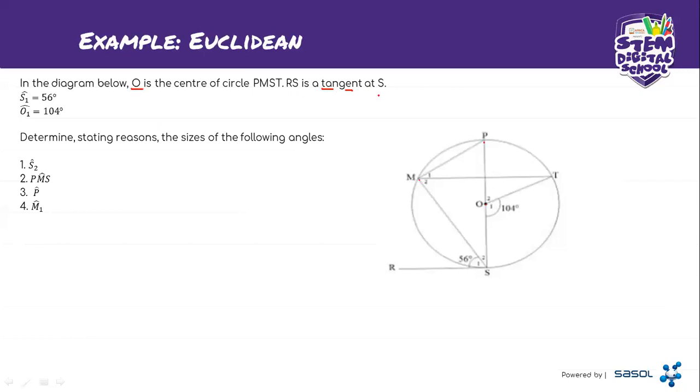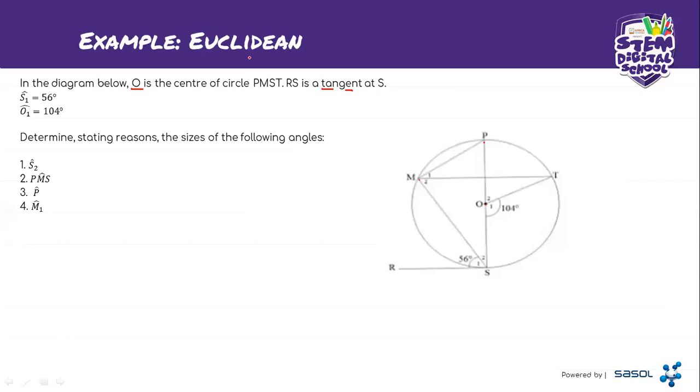When you have a tangent, we're having two groups of theorems. Remember, we've got three groups. The first group is that of having a center. The second group is cyclic quad. And the third group is the theorems that have a tangent, right?